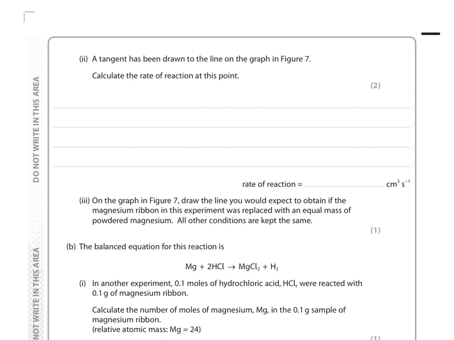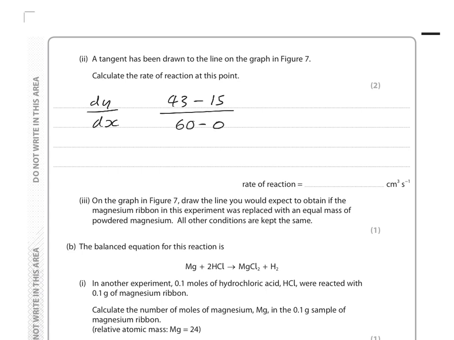Now part 2 says a tangent has been drawn to the line on the graph at figure 7. Calculate the rate of reaction at this point. Well, the rate of reaction is the gradient of the line, and the gradient of the line in centimetres cubed per second you work out by the change in y over the change in x. So it's dy over dx, and if you measure the change in y on your graph, you've got 43 minus 15 over 60 minus 0.